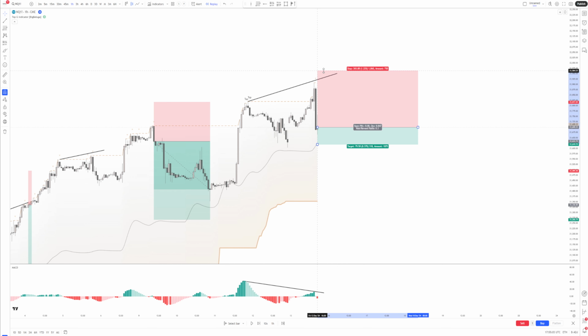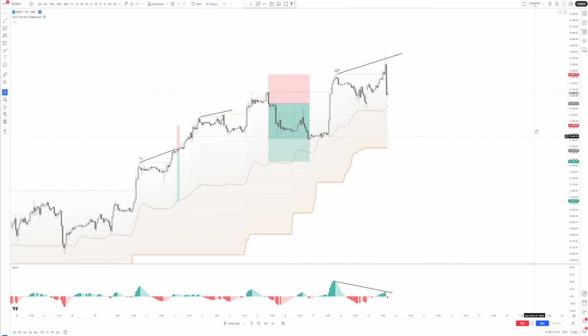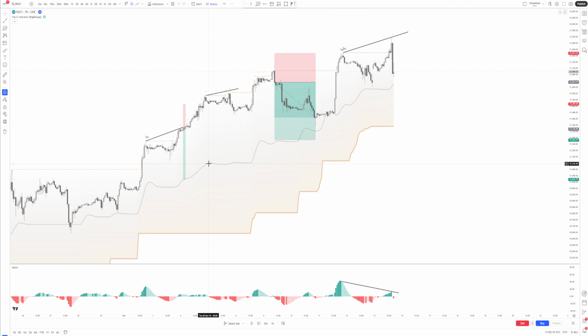If I was to take that trade, we haven't even got a 2 to 1 in this instance, so it would be quite a risky trade. So I would avoid that, because we really need price to create the distance between the midline and the price to get that reward to risk.